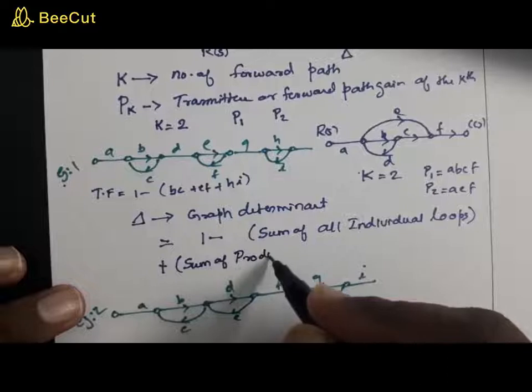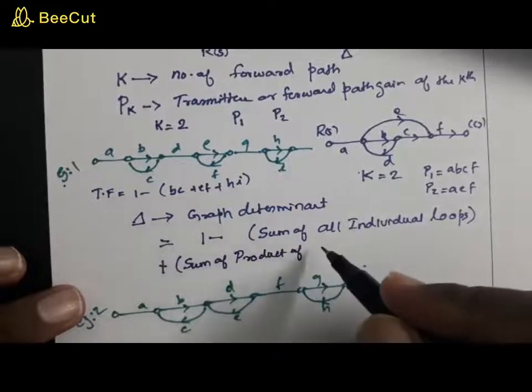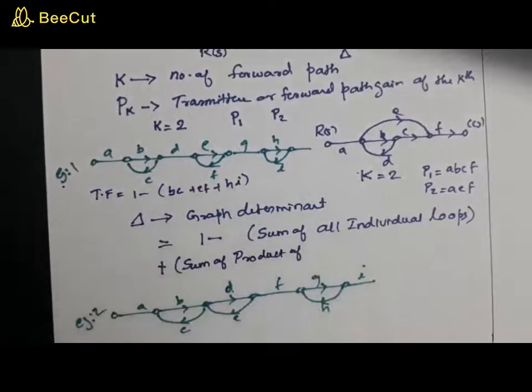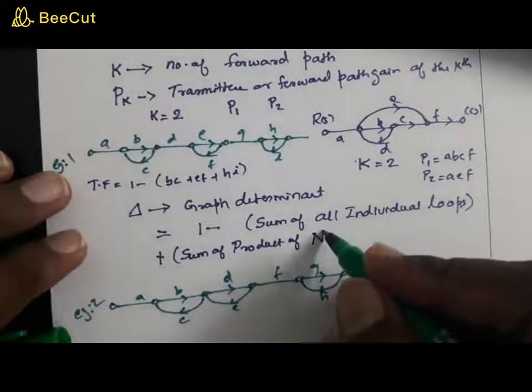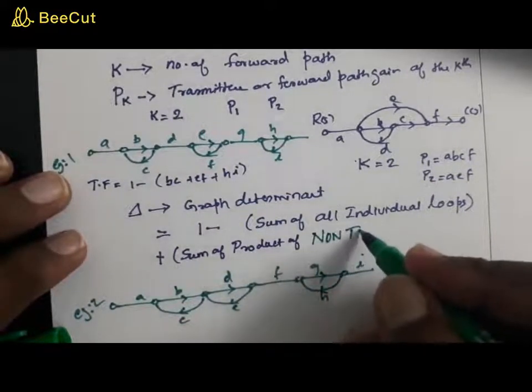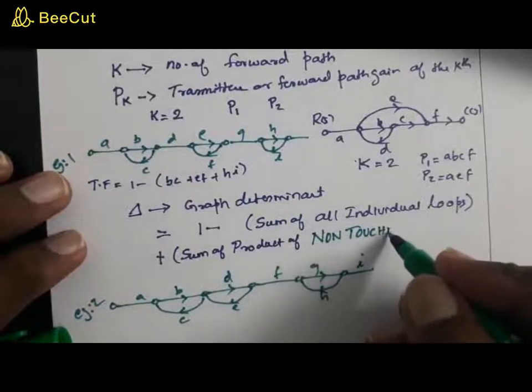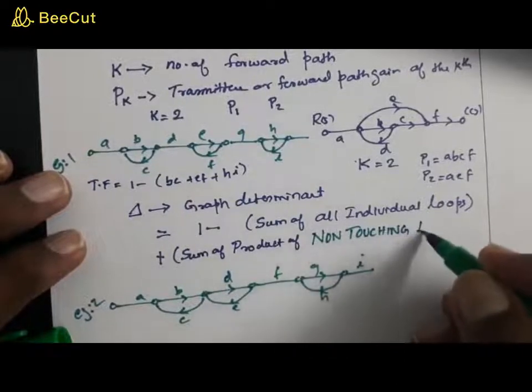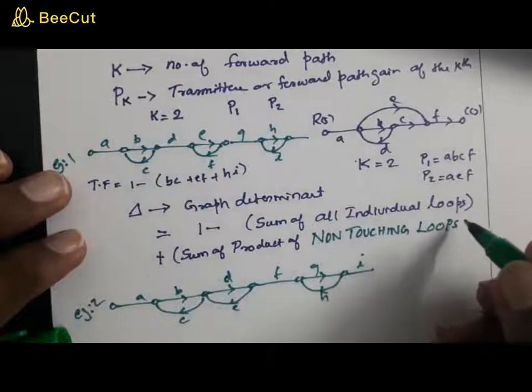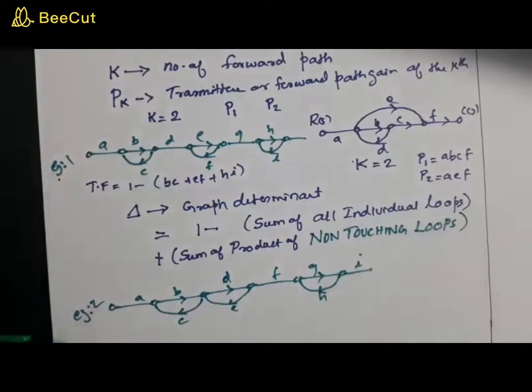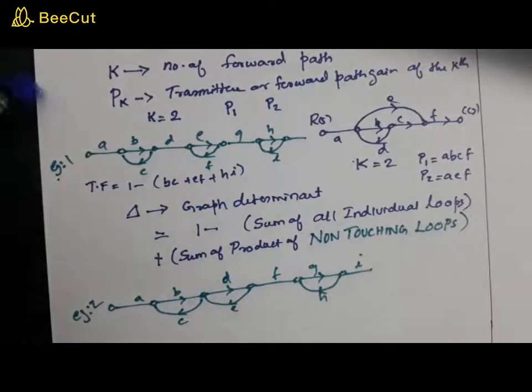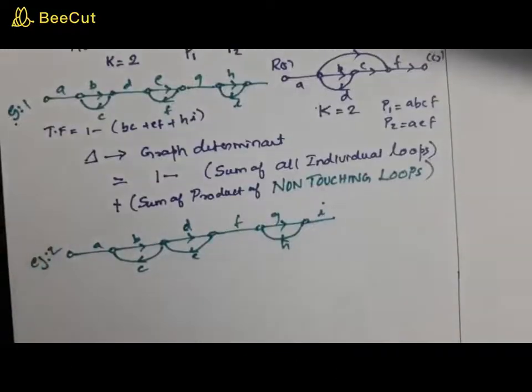Now the next one: 1 minus the sum of all individual loops plus the sum of the product of, very, very important, non-touching loops. So the sum of the product of non-touching loops.